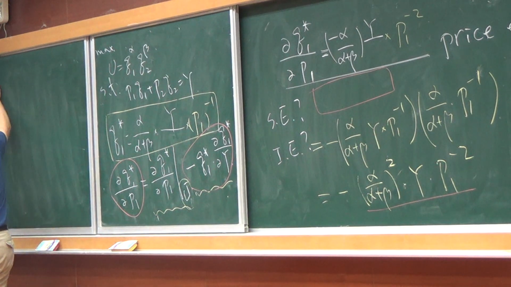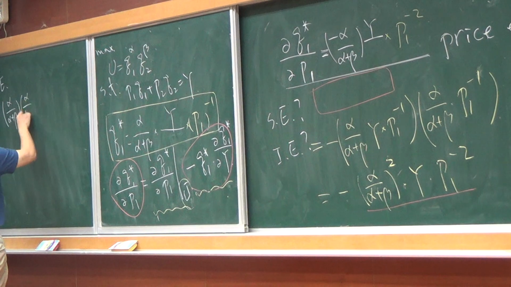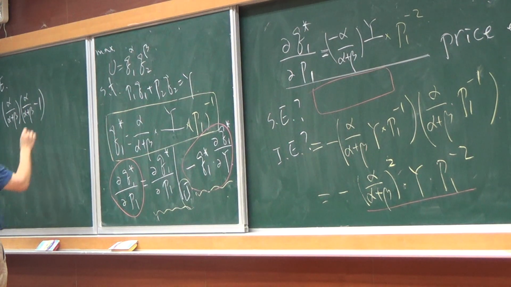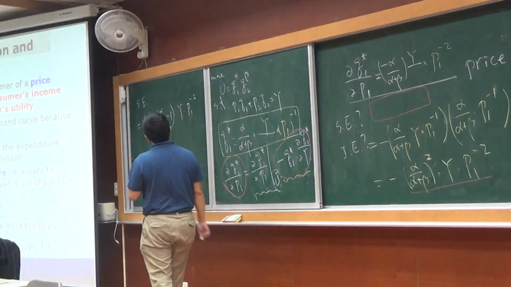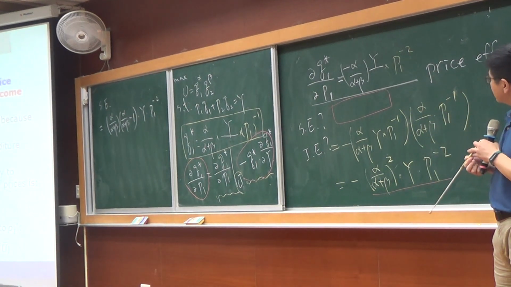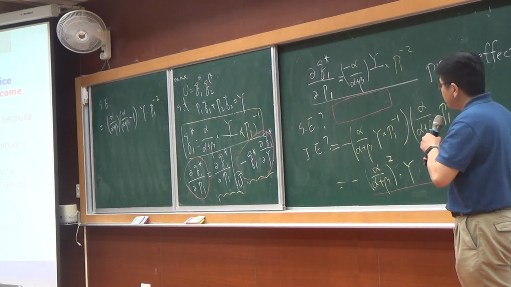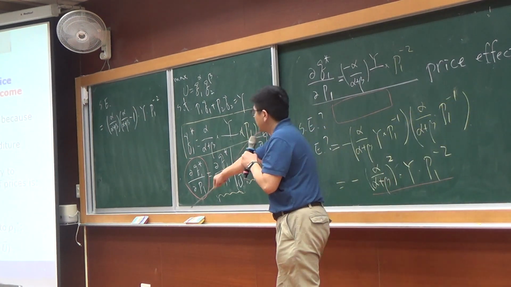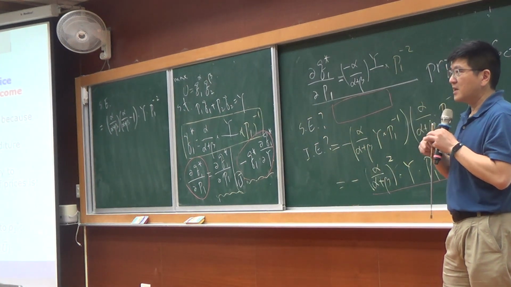The substitution effect would be, is that right? Just move the income effect to the left-hand side, so that the substitution effect is left on the right-hand side.